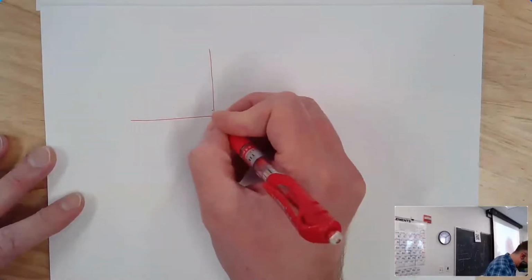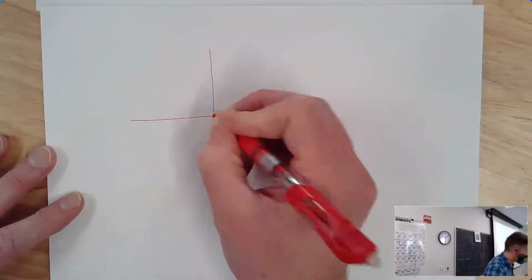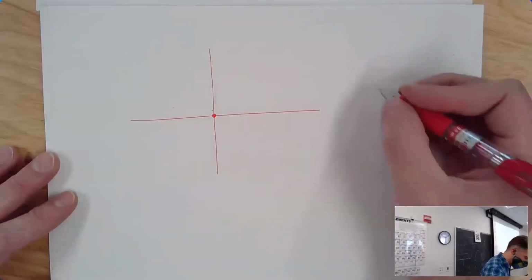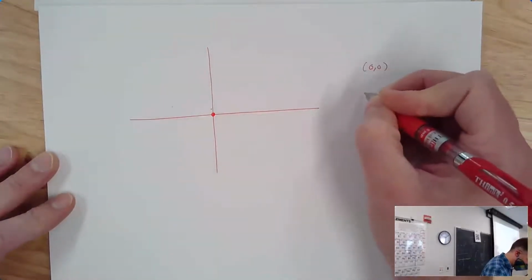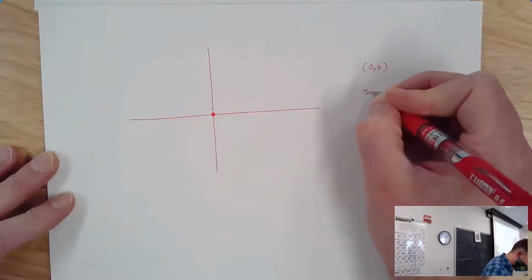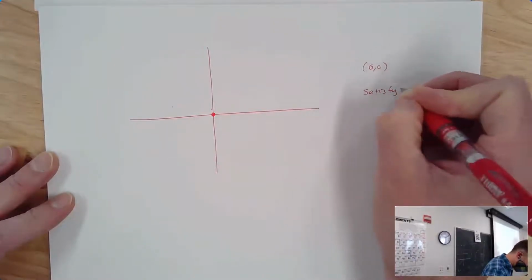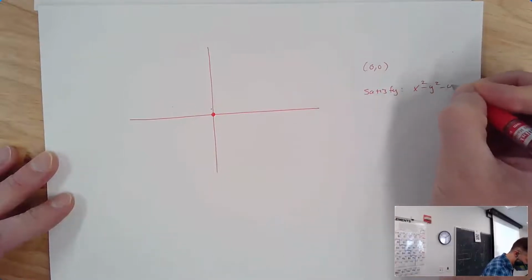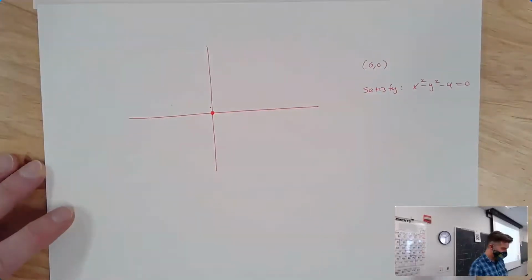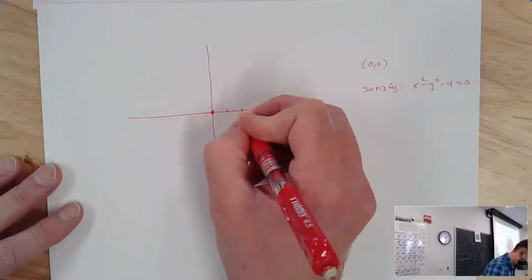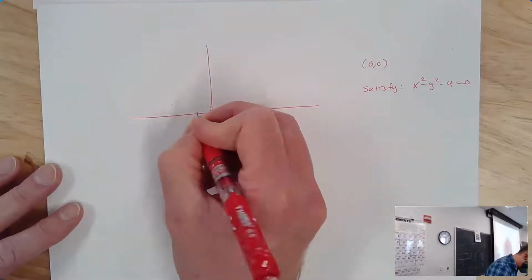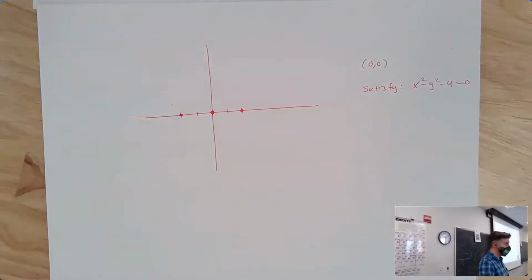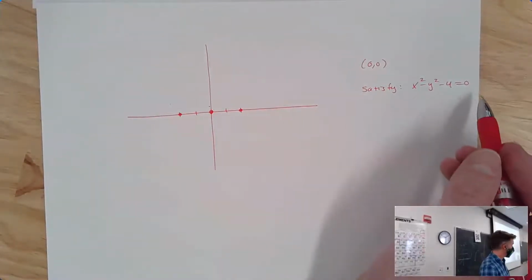Here we have the point 0, 0, which is not on the circle. I mean, not on the thing we're graphing, right? Because the other thing we have is all the points that satisfy x squared minus y squared minus 4 equal to 0. Which these two critical points that we already found, 2, 0, and negative 2, 0, are on that curve.